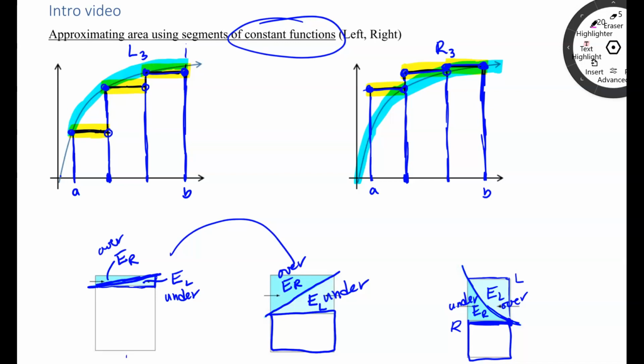And if your first derivative has bigger magnitude values versus close to zero values, that will determine how big your over or underestimate are. And I think the basic takeaway here is that the error associated with left and right hand sums is related to f prime. So f prime is the thing that's determining those errors.